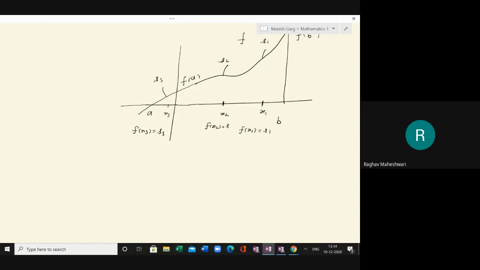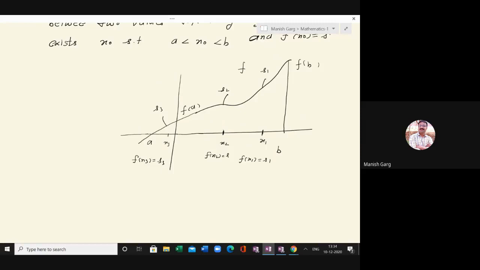Sir, please explain this geometrical part again. Yes. What I am saying, suppose f is a continuous function, and a is this and b is this. So what it says, if it is continuous, it takes all intermediate values. It means if you take this value, suppose this is S1, there must exist a point x1 such that the value of the function at x1 will be S1.